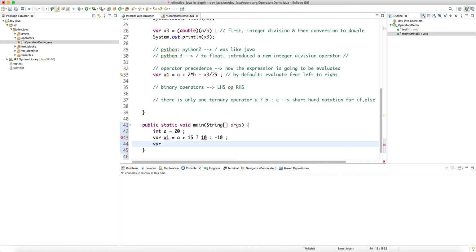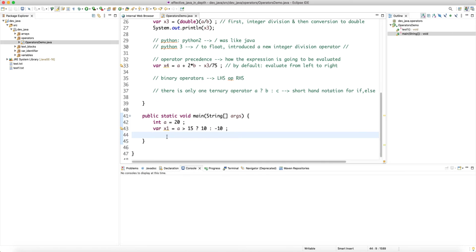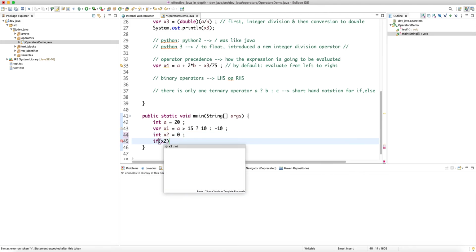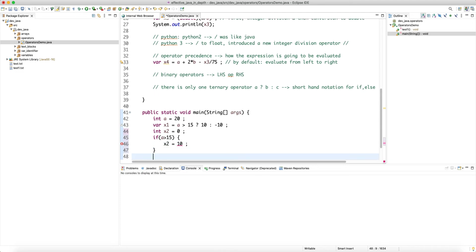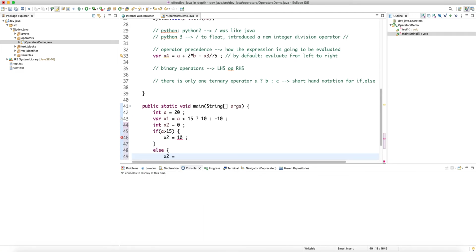And then another thing is int x2 equals 0. Let's initialize this and then say that if a greater than 15, we're going to say that x2 is 10, else we're going to say that x2 is minus 10.